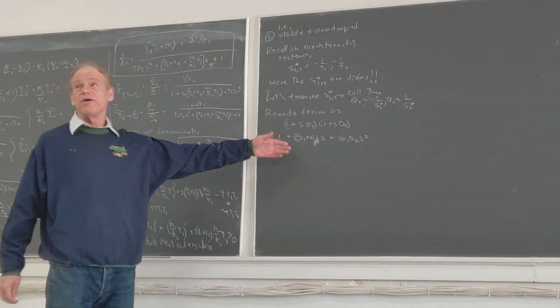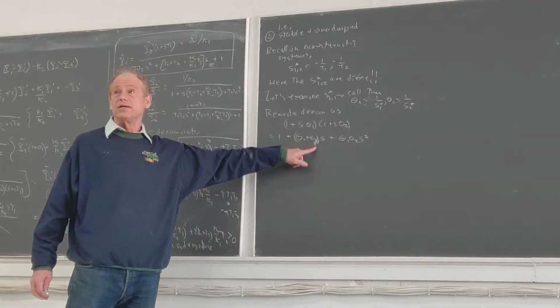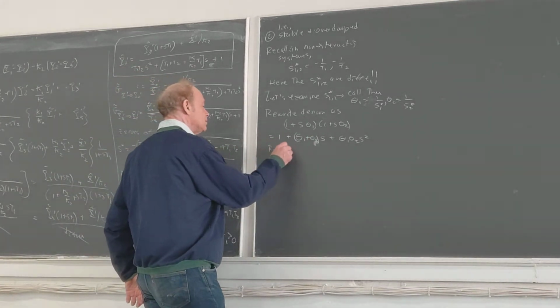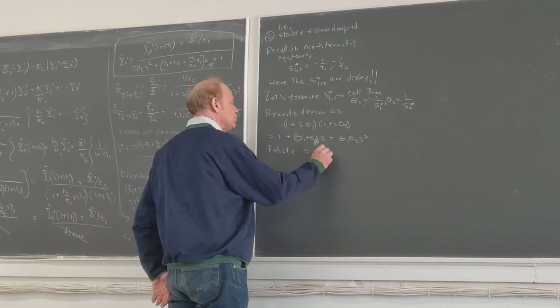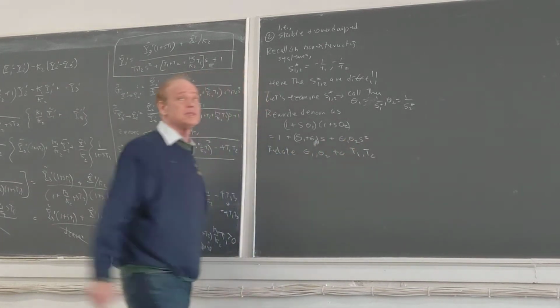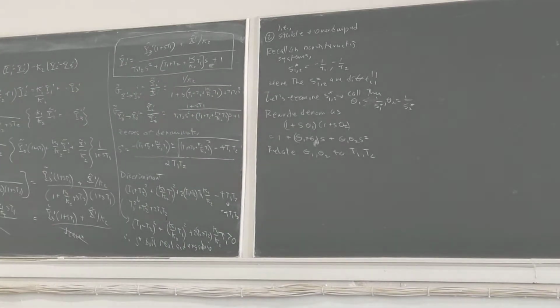So this is just another way of writing it, and I would like to relate the thetas to the T's. So let's try to relate theta 1, theta 2 to T1, T2. That's our immediate goal.